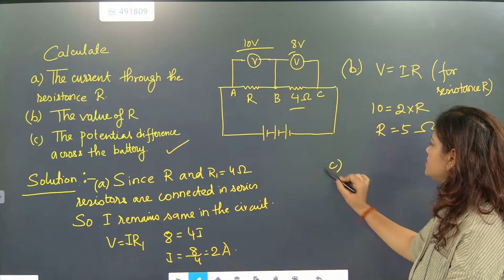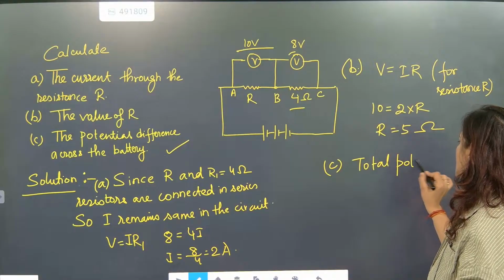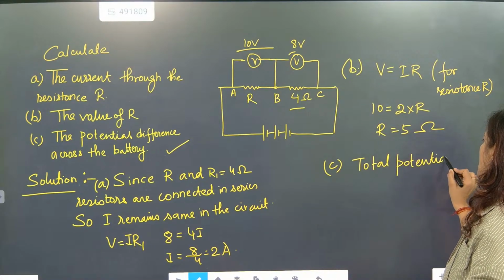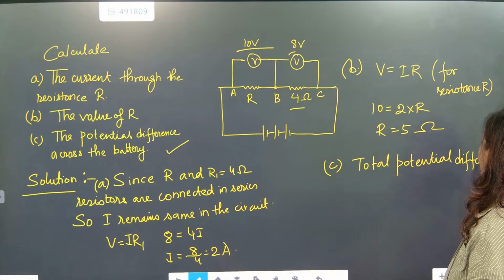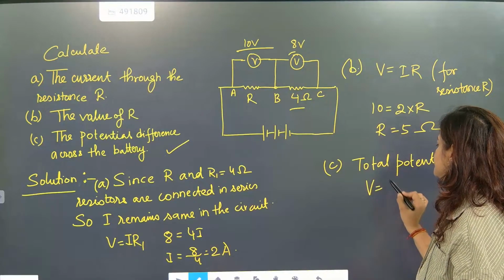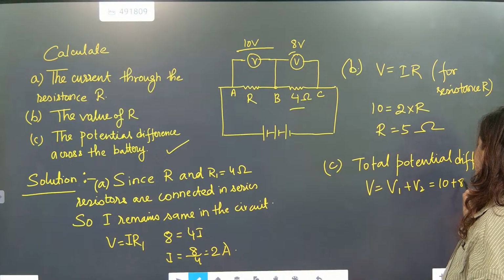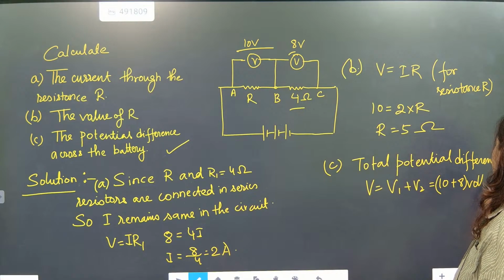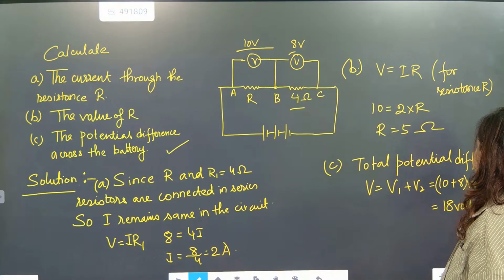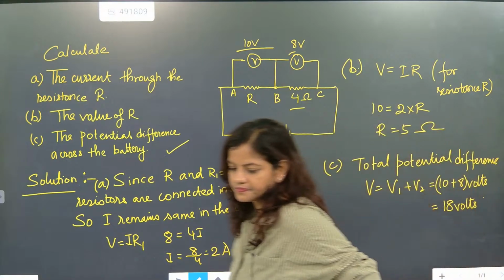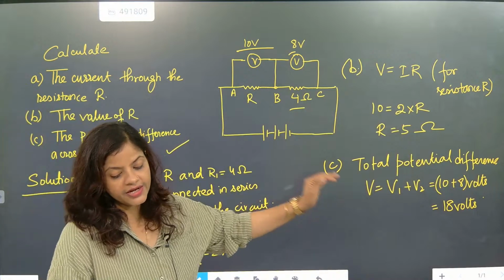What is the third answer? Total potential difference is coming as how much? 18 volts.